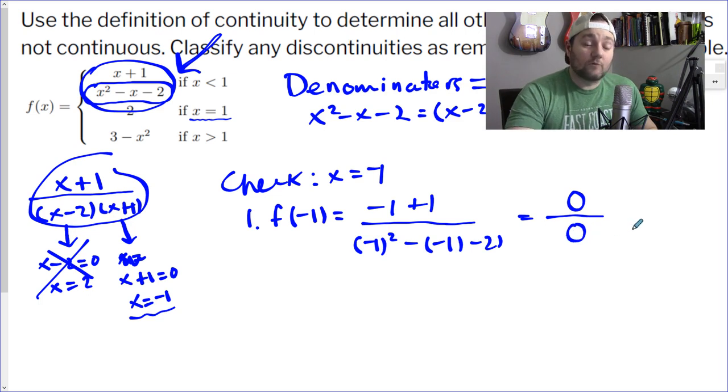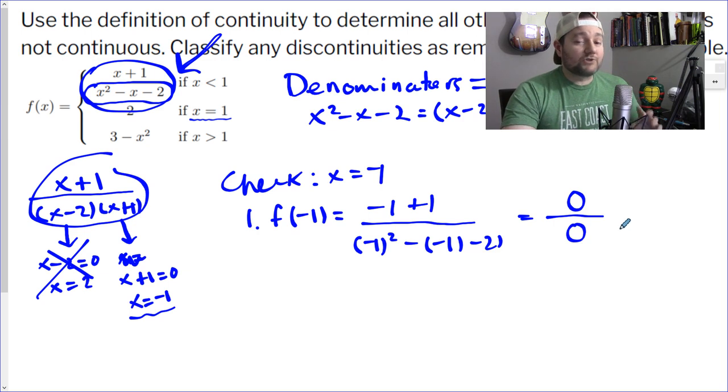So I get 0 over 0. My students have figured out that when you get 0 over 0, because you've done those limits before, that is a removable discontinuity. You can literally remove it from the function and then continue on to find the limit.